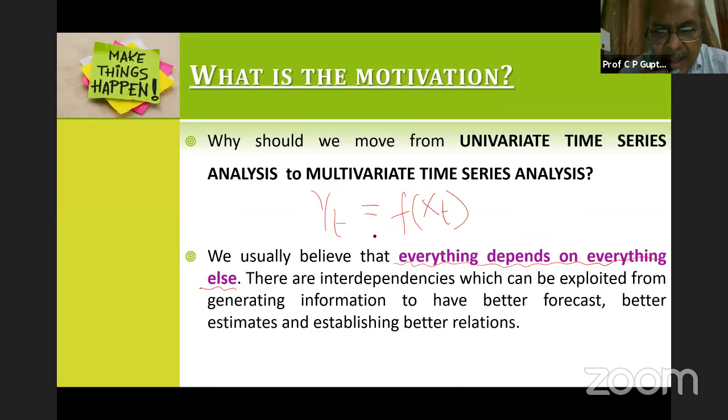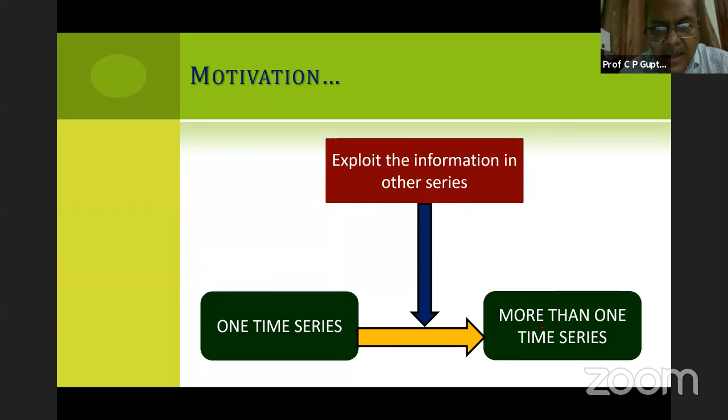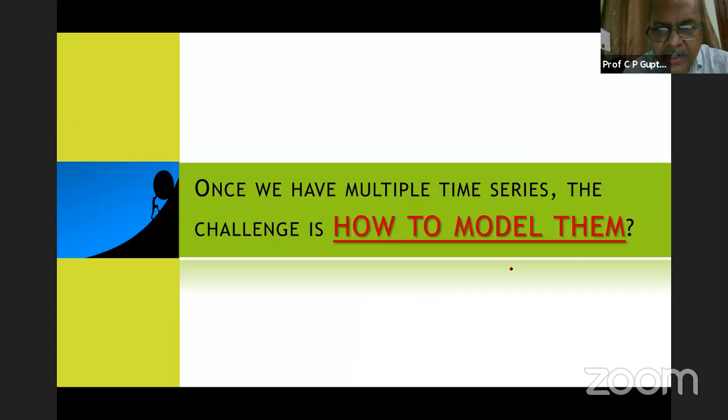Okay, so there are interdependencies which can be exploited to generate information to have better forecasts, better estimates, and better relations. So friends, that's the motivation for going for multiple series. The motivation is to exploit the information in other series, and that's the reason we are moving from one time series to more than one time series. So friends, I hope the motivation is clear to you. Once we have multiple time series, the challenge is how to model that.